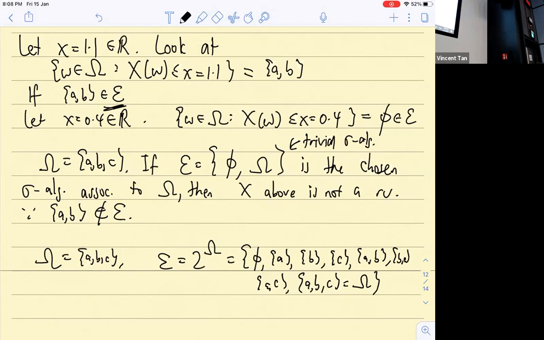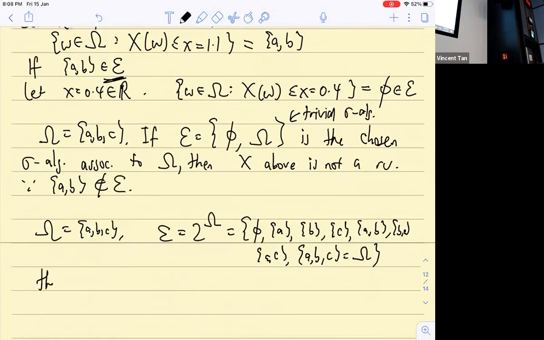If this is a sigma algebra, then X above is a legitimate random variable. You sweep through all the X's, and you can find that the resultant pre-image sets certainly belong to one of these candidates. This is the meaning of random variable, whether you like it or not. This is how people define random variables.